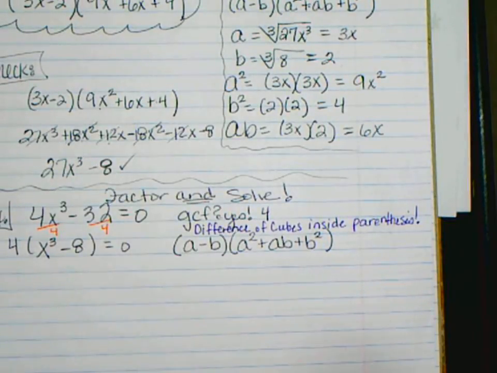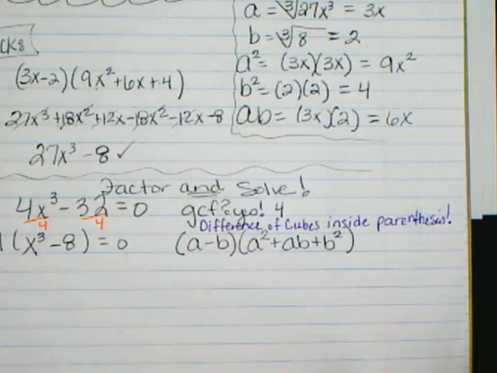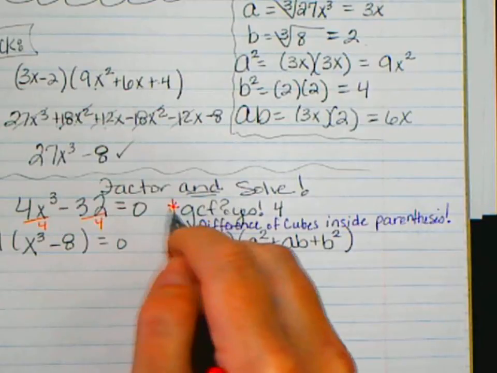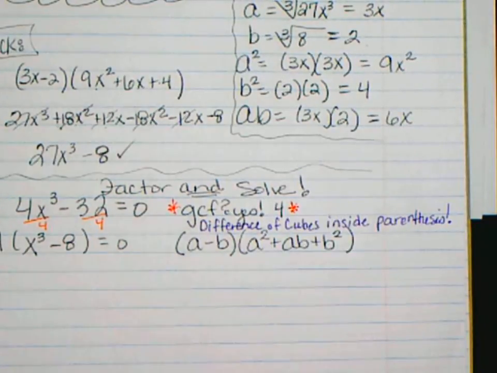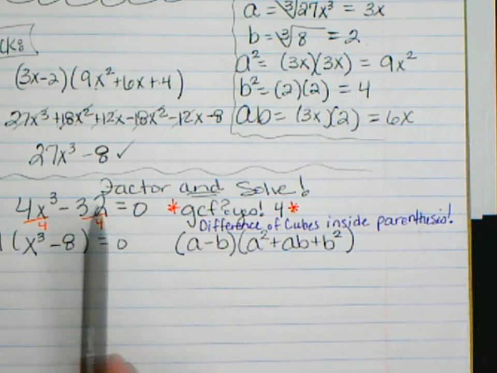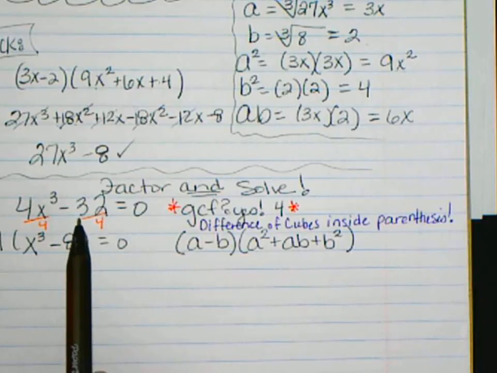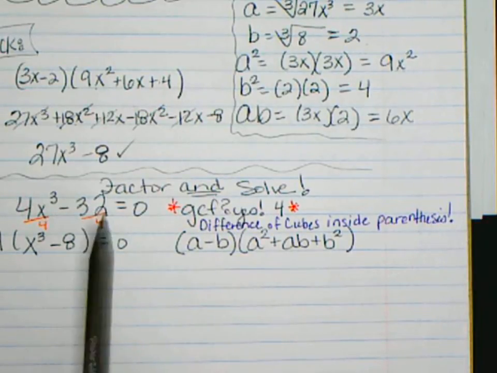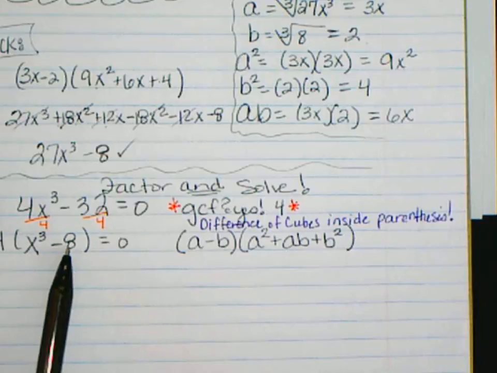I wrote difference of cubes inside parentheses. Okay, so let me figure out my parts. Now when I'm looking at A and B for difference of cubes, don't look at 4x cubed minus 32. First of all, those aren't cubes, so you're going to get confused. We're not factoring that right now. We're factoring x cubed minus 8, okay?